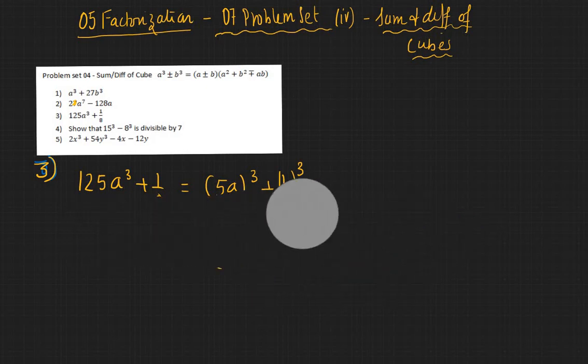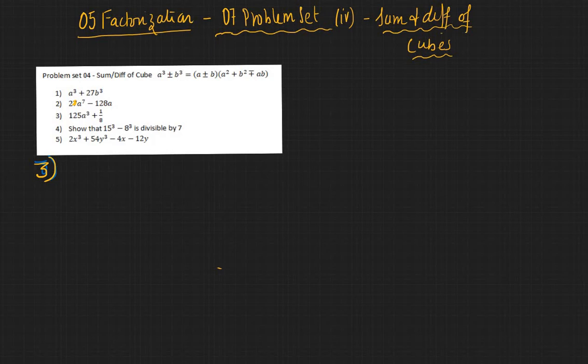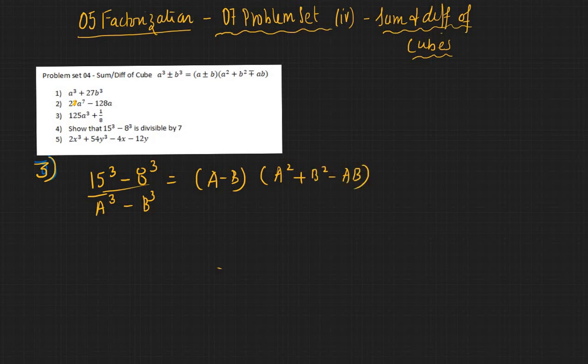How do you prove that 15 cube minus 8 cube is divisible by 7? To start this, you need to expand a cube minus b cube. So this is of the form a cube minus b cube, and the expansion would be a minus b into a squared plus b squared plus ab, because if there's a minus here, there'll be a plus here.